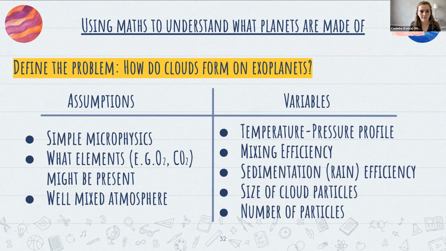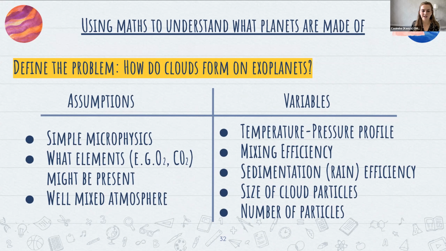Okay, so let me just throw out some of the ones that we've been thinking about. This simple microphysics is the same thing that we've been saying throughout about the physical laws. A lot of the first three that we mentioned were to do with fluids, whereas these simple microphysics laws are going to be like condensation, when something is in vapor form and then becomes a cloud particle, and evaporation, when it goes back to being vapor.